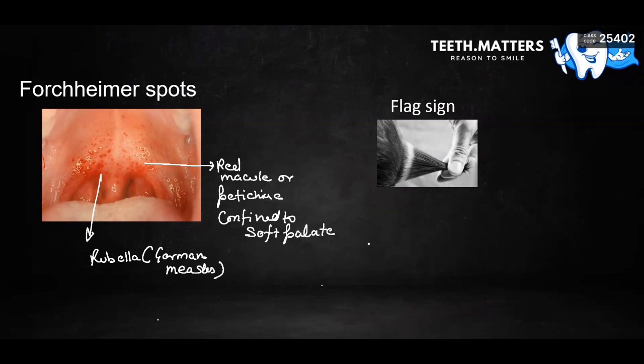Next sign is flag sign, and it is seen due to nutritional deficiency, Kwashiorkor, with intermittent high-dose methotrexate chemotherapy, and also in ulcerative colitis. What is flag sign? There are horizontal alternating bands of discoloration in the hair shaft corresponding to periods of normal growth. In this figure, there is a grayish area of discoloration in the hair.